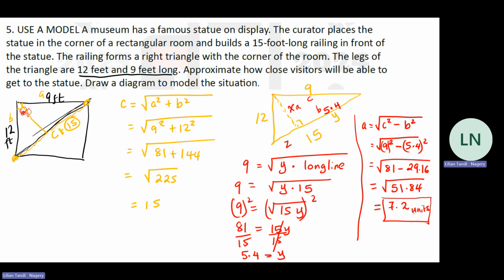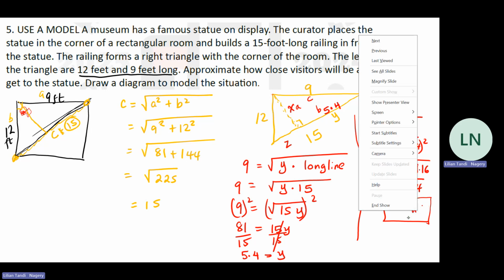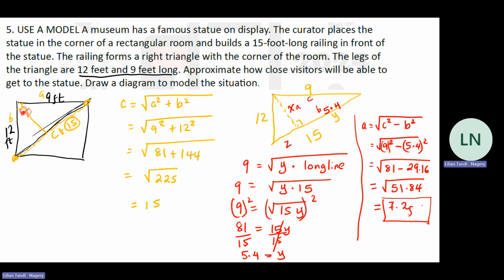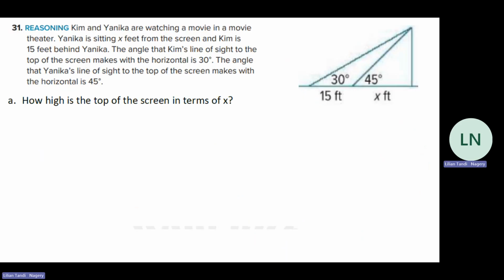No, the units is given, feet. So our answer is feet here. Okay? And we've been told to draw a diagram to model the situation, and we need to approximate. So there you go. Okay? All right. We move on.